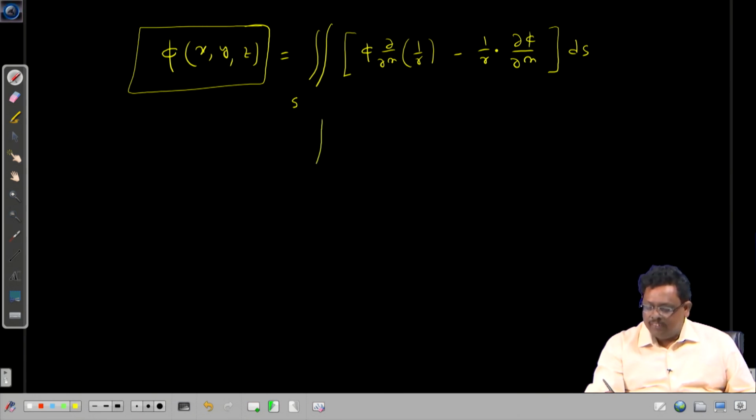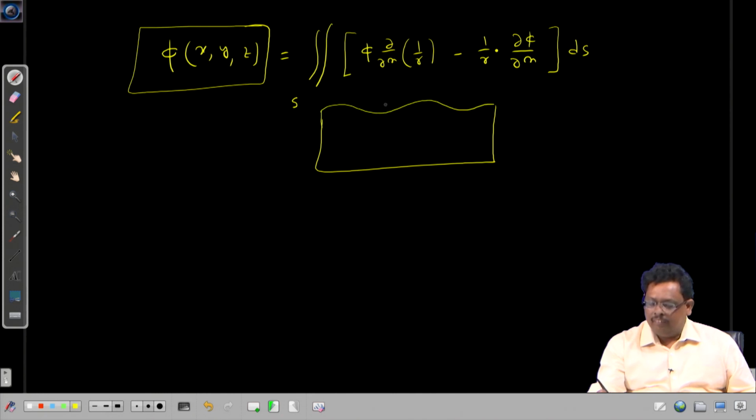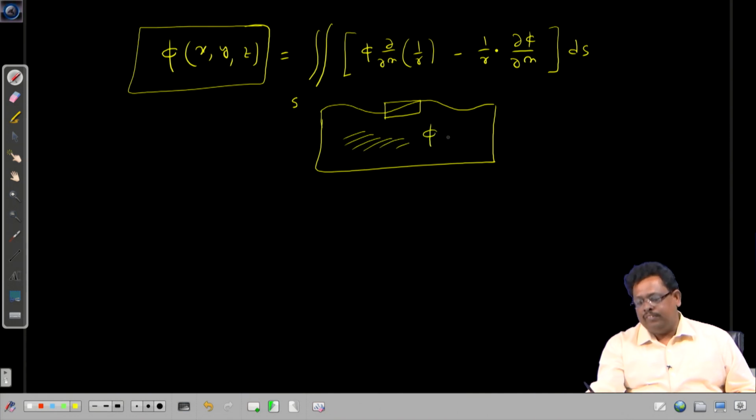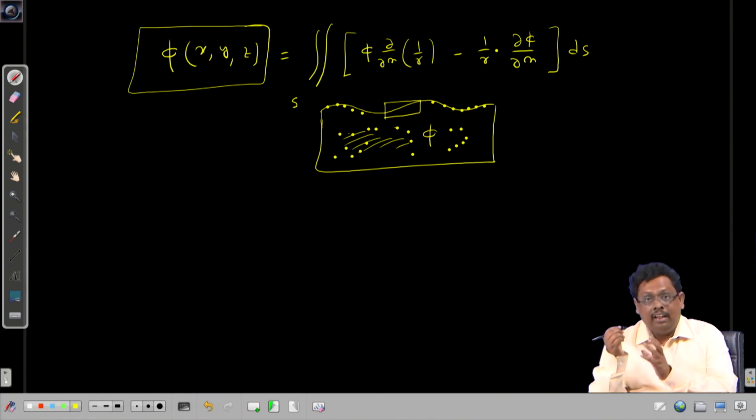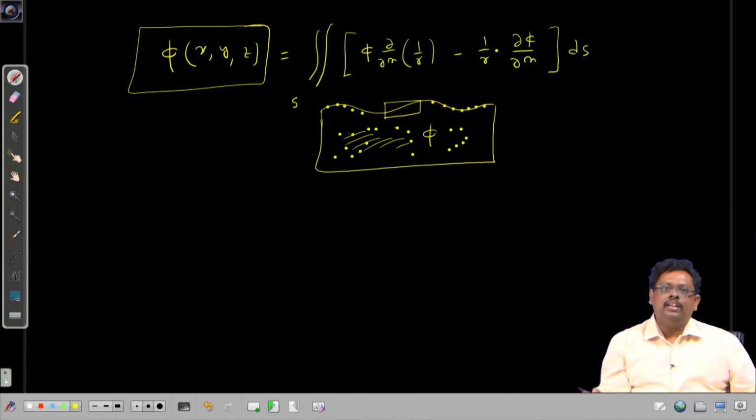You see, I just take a domain, this is my fluid domain, as you know that I draw it, and then you have a surface and you have a body over here. Now, everything, so here the entire domain is phi. So, I can find out pressure at any point inside this fluid domain if I know the velocity potential lying on the surface and the normal velocity potential lying on the surface, with the help of the singular function 1 upon r.